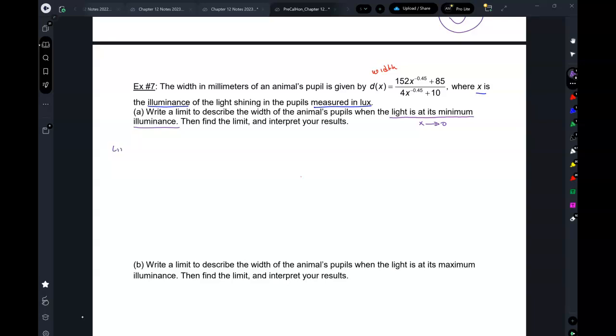So what we need to find is the limit of d of x as x approaches 0. So this is the limit as x approaches 0 of this function. Copy that down.